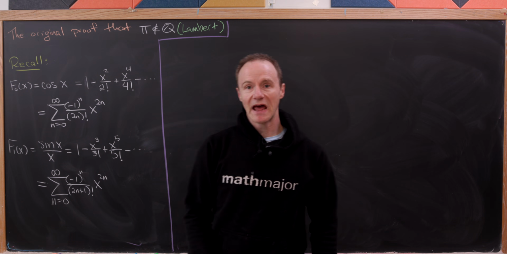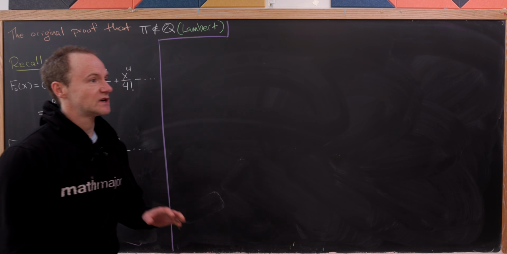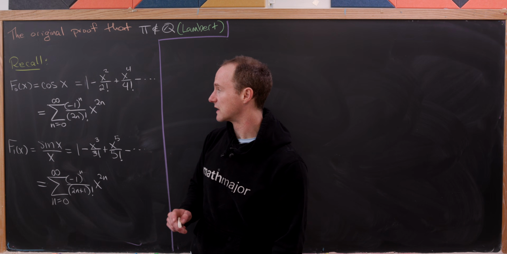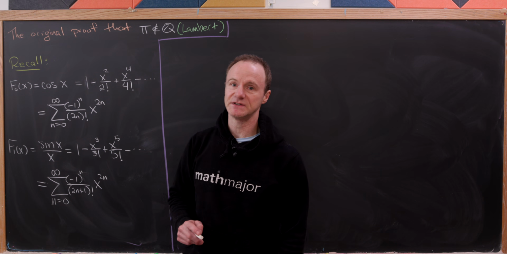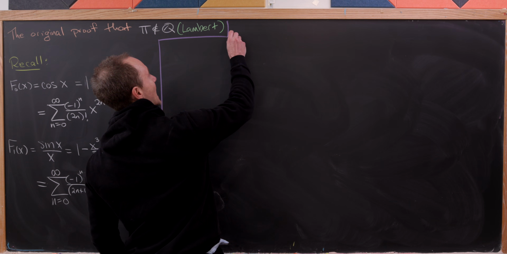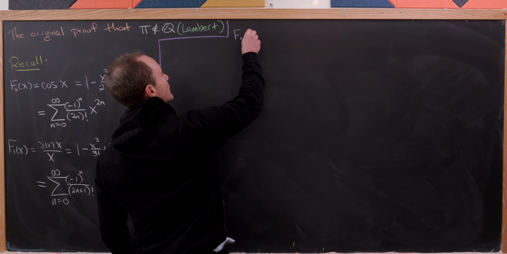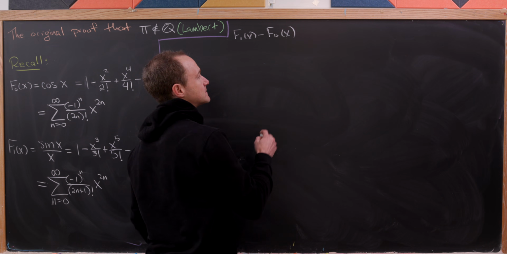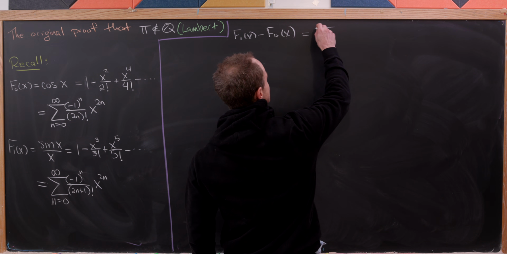Okay, so now I want to introduce a family of functions that we can recursively build out of f0 and f1. The first step toward that goal will be to look at the difference f1 of x minus f0 of x. We can put that together pretty easily.